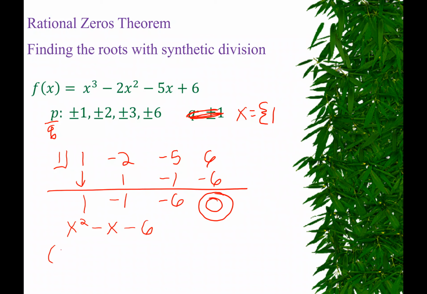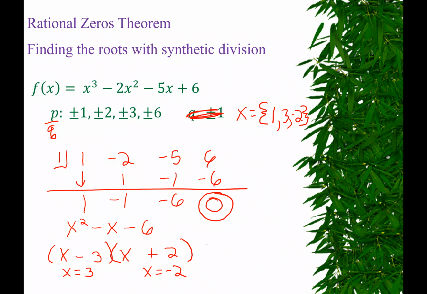Then I can factor this. So what multiplies to -6 but adds to -1, that'd be -3 and 2. So then this would be x equals 3 and x equals -2. So those would be our other numbers.